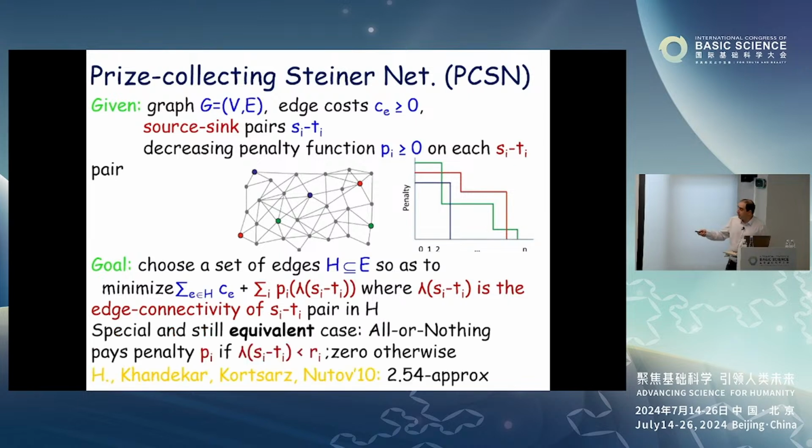So this problem of the all or nothing version. So as I mentioned, for different can pay different reasons. It means that if you can pay less, this all or not, if you are connected by if right then this is a special case equivalent.